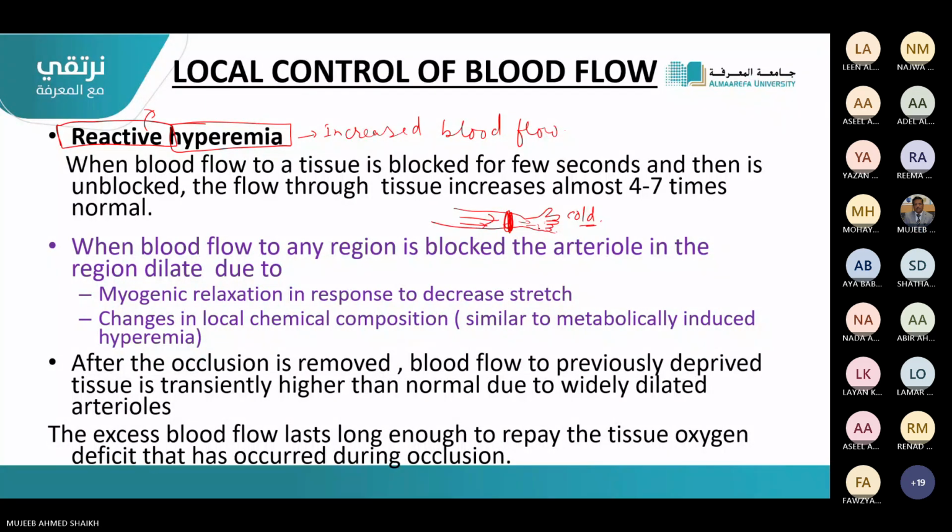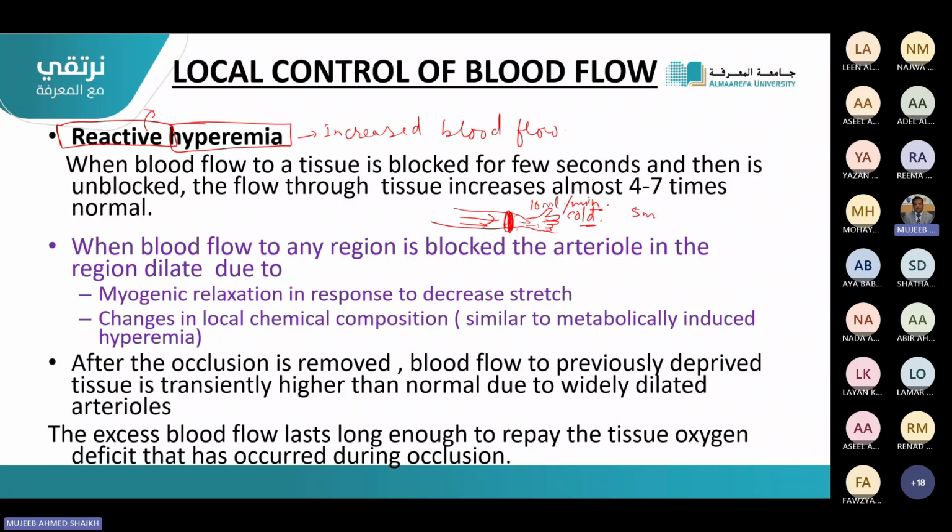When the blood flow is stopped here, before tying the rubber band or the cuff, let's say blood flow to this hand is 10 ml per minute. Once you apply a cuff or a tied band, the blood flow decreases to maybe 5 or 2 ml per minute.